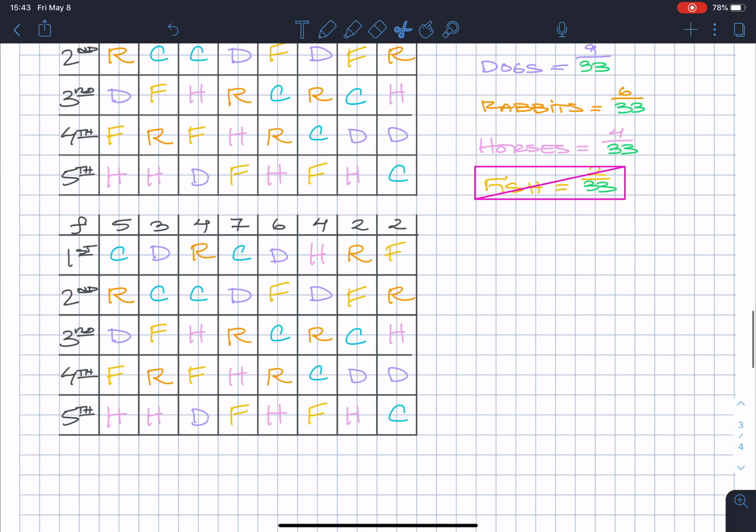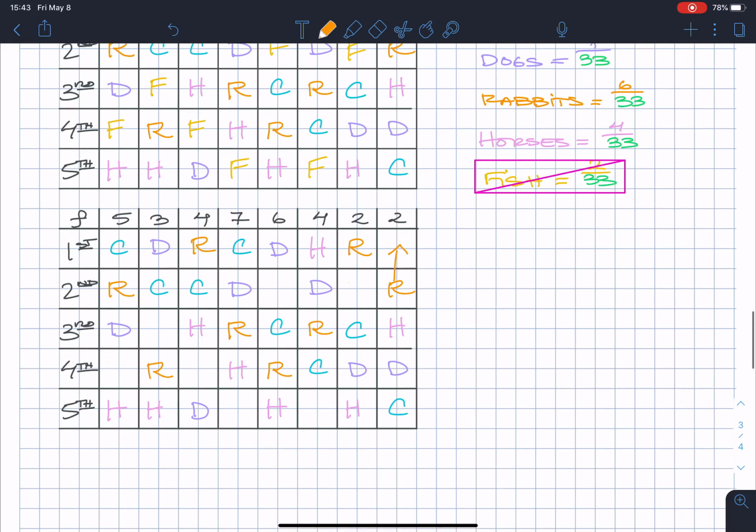Okay, so now I'm getting rid of fish, so let me go ahead and eliminate fish. So that's really only going to affect the last column, right? So now the first place here is going to be a rabbit, right?